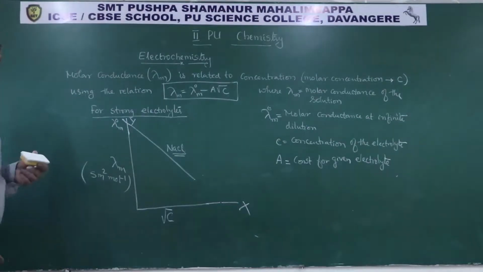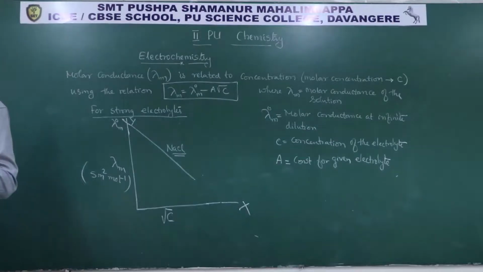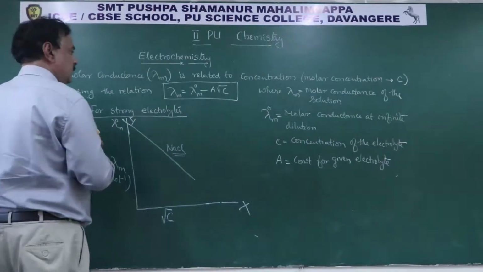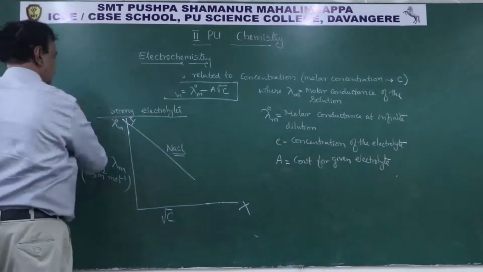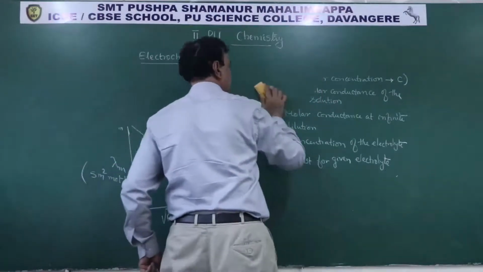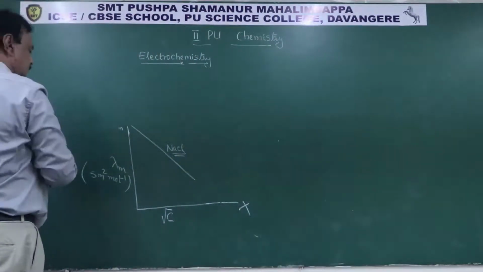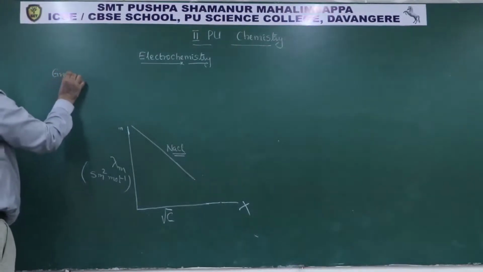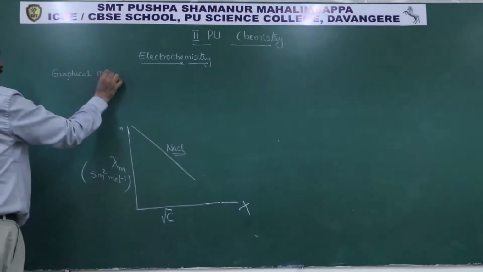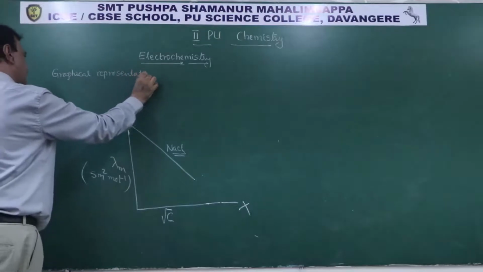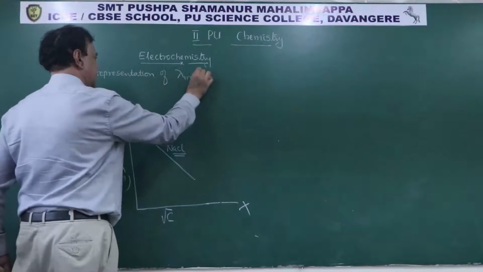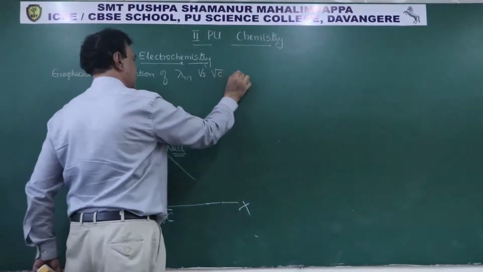In the case of strong electrolytes like sodium chloride or potassium chloride, the graph of lambda m versus square root of C is a straight line.